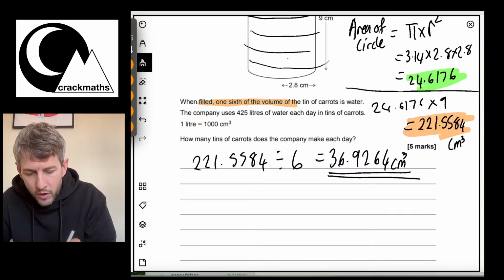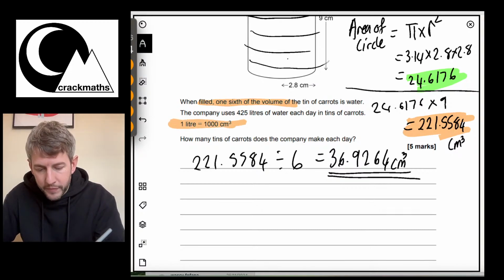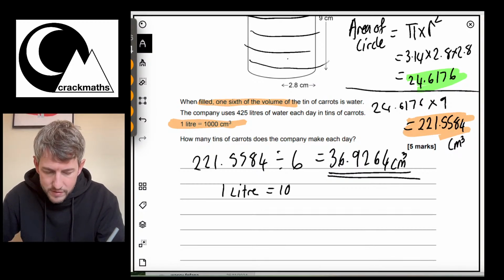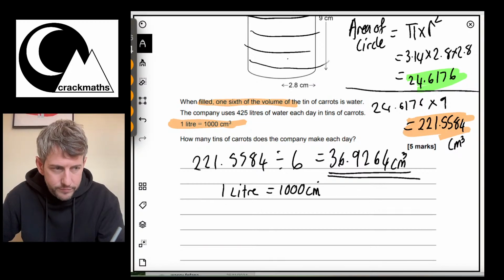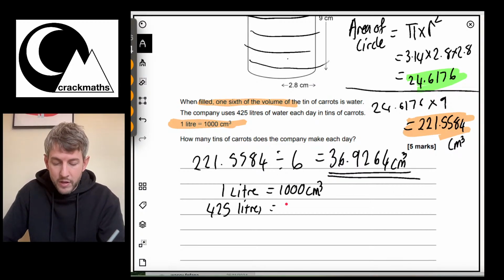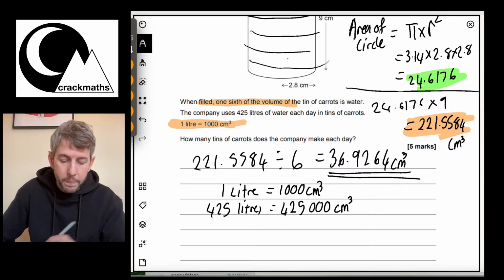So if 1 litre equals 1,000 centimetres cubed, then 425 litres is going to be this times 425. So that's actually going to be 425,000 centimetres cubed.